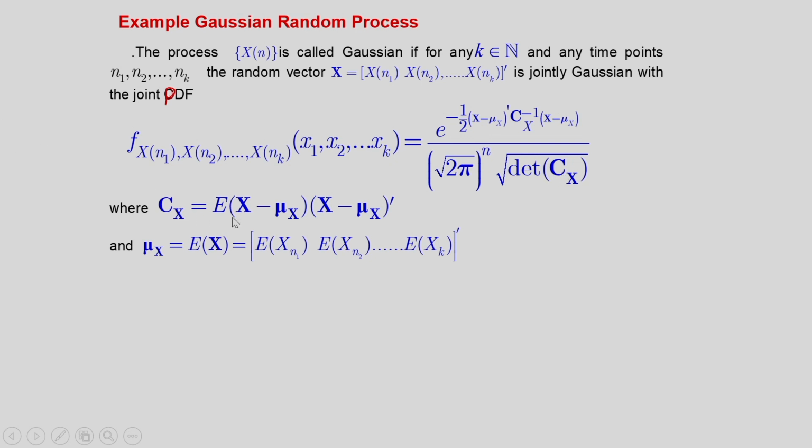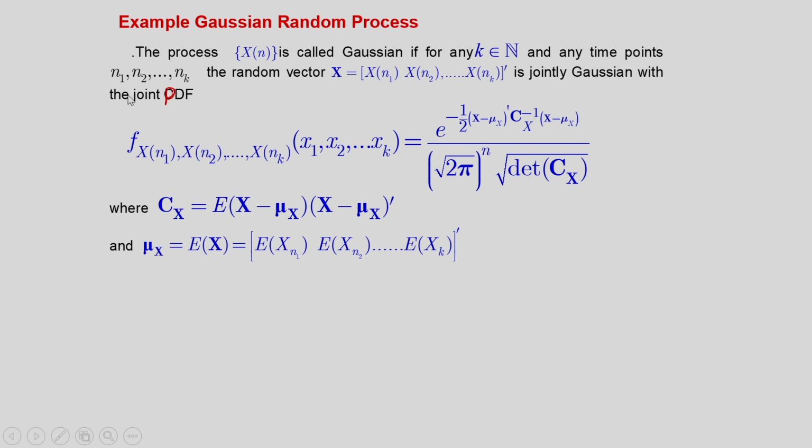As we know, Cx is the covariance matrix that is given by E of x minus mu x into x minus mu x transpose. Similarly, mu x vector is the mean vector comprising the mean of each component random variable.